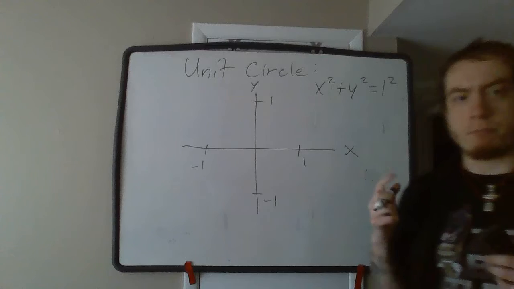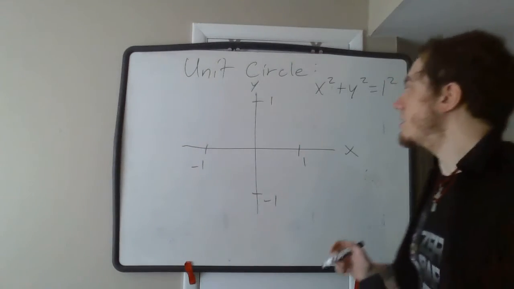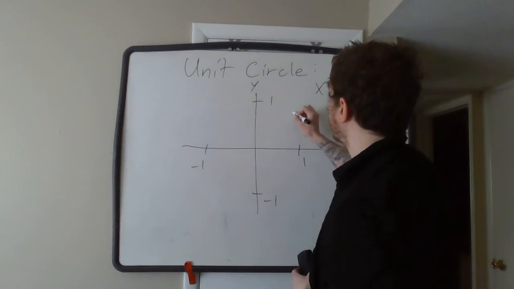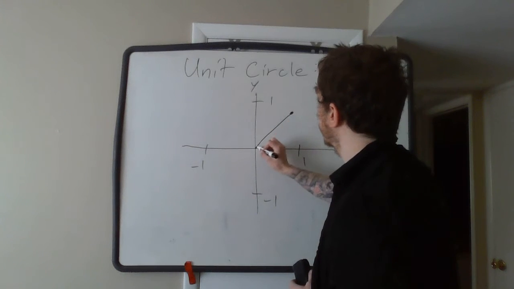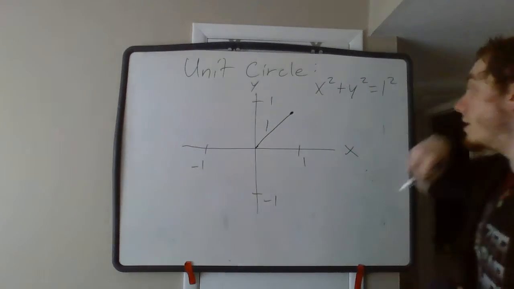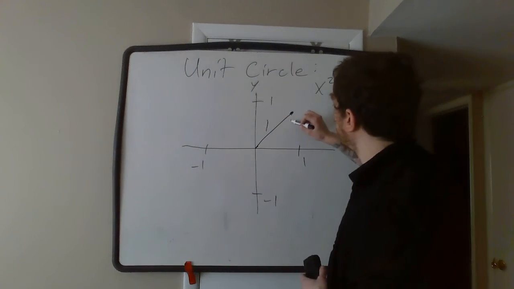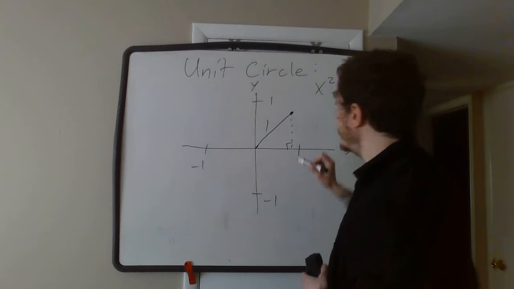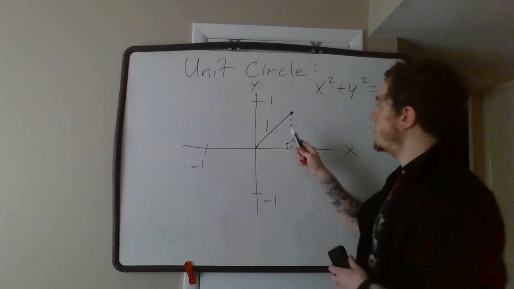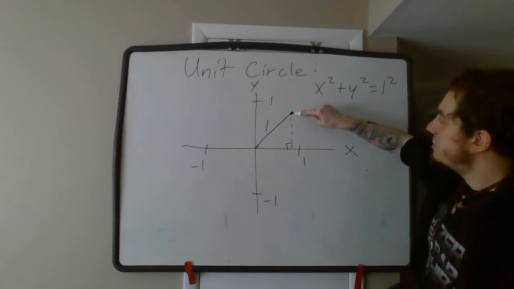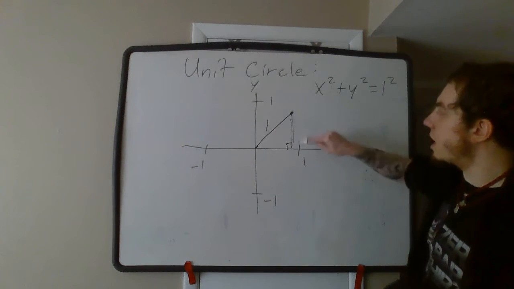This is a consequence of the Pythagorean theorem, because to say that something is a distance of 1 from the origin, well, if I think about a little triangle here, whose base is the x-axis, and whose height is given by this perpendicular dotted line here.